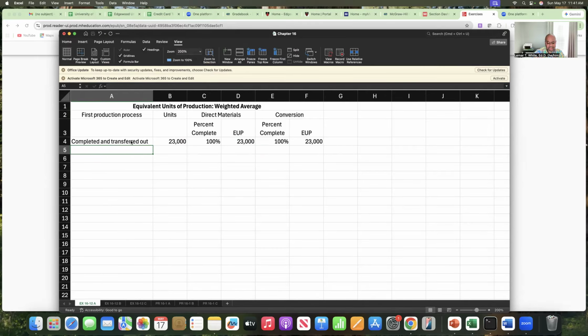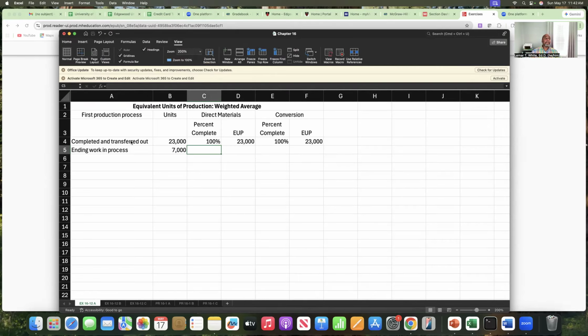Now we're going to look at our ending work in process. So our ending work in process means that we started producing some units, but we didn't finish all of them. So these are the ones that are in the department and have not been finished yet. All right. If we look at the question, it says that there were 7,000 units in our ending work in process. All right.